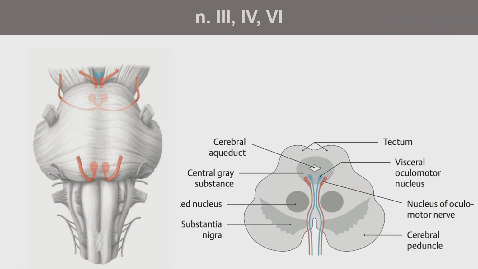So then we turn to the group of nerves 3, 4, 6. Those 3 nerves are innervating muscles. So then they are somatomotor. Somatomotor, it is like skeletal muscles.